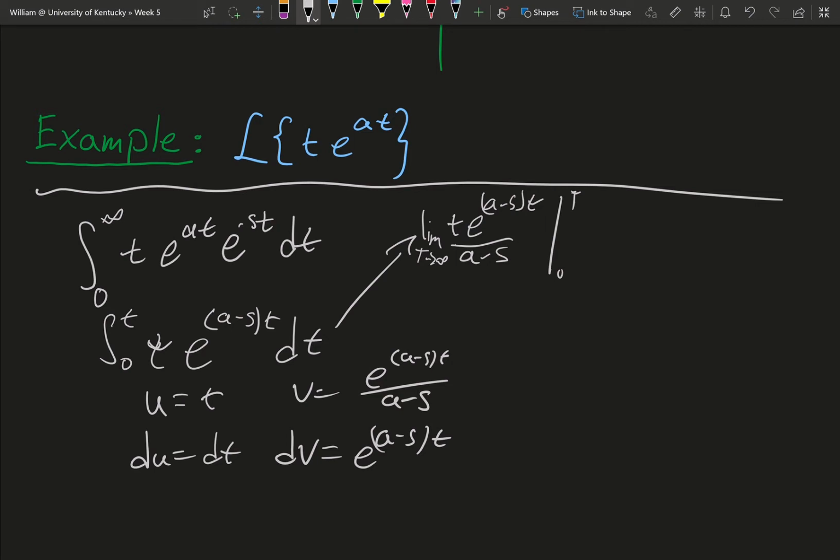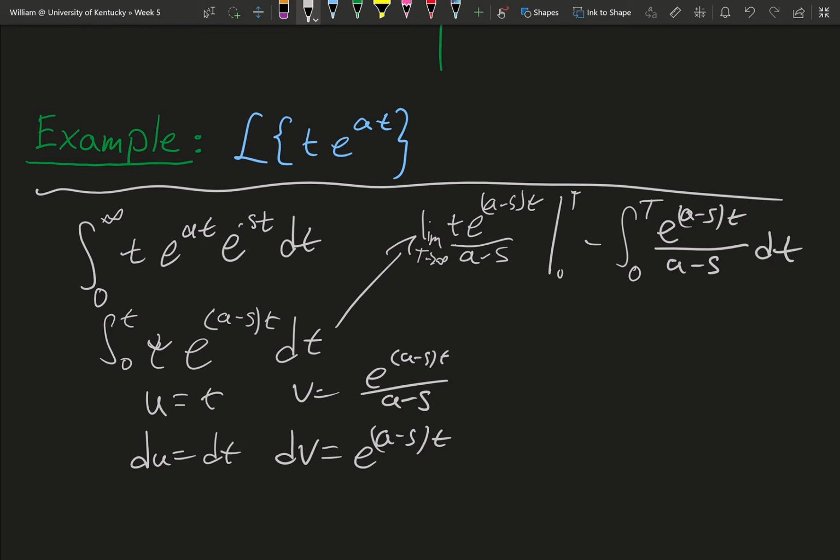Then we have that for our first term minus the integral from 0 to t of our v times du, so we have e to the (a minus s) times t over a minus s dt.